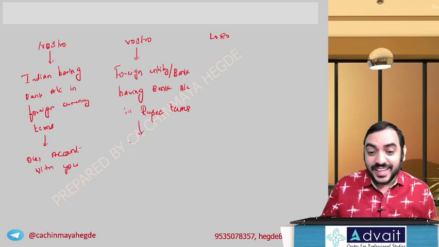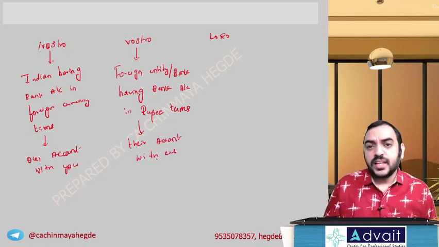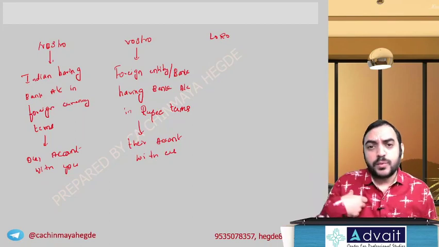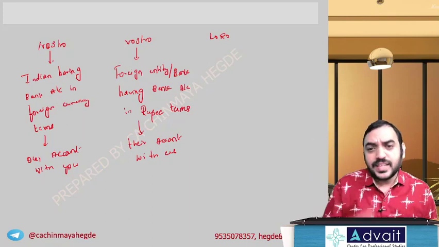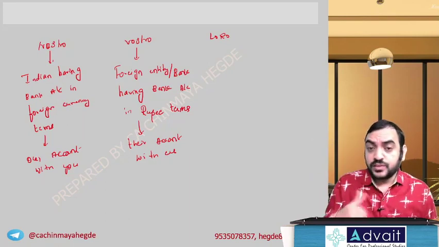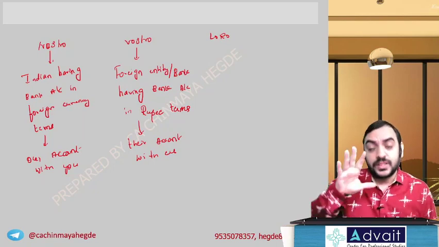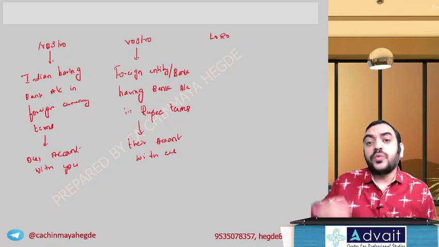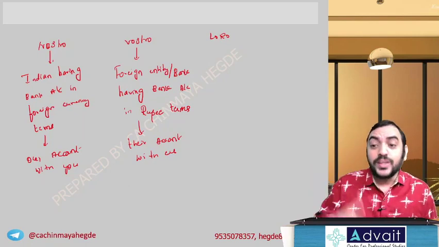So it's called their account with us. Just like we need US dollars, US banks also might need rupees. When transactions take place in rupees, they also need rupees. So they need to buy rupees, and they can maintain one account in rupee terms itself. Like Citibank maintains one rupee account with SBI, their account with us.